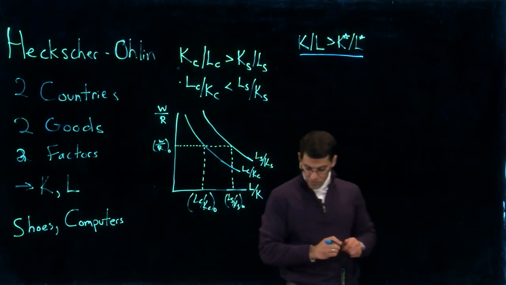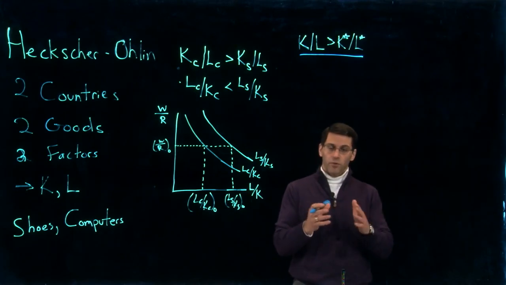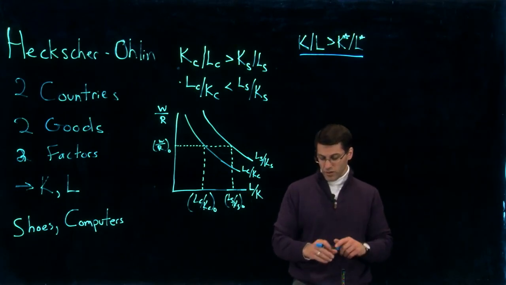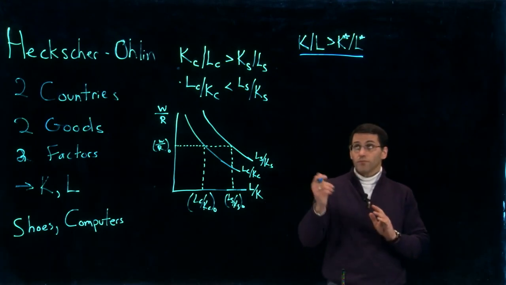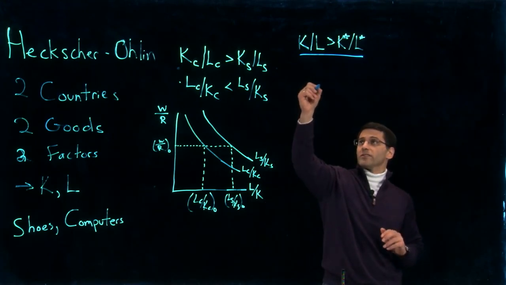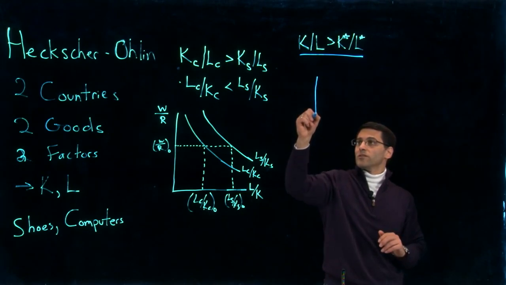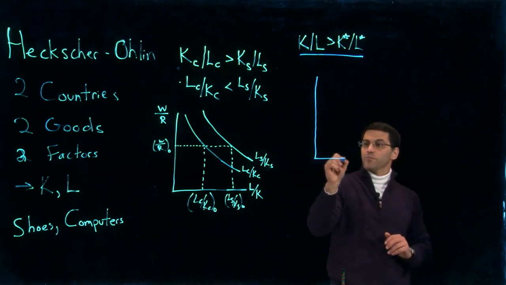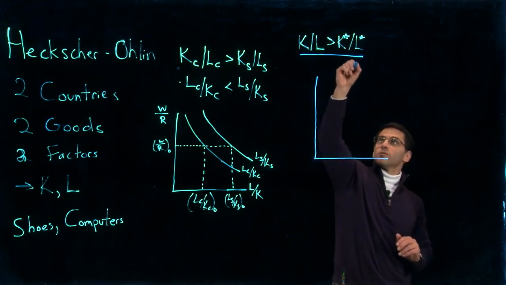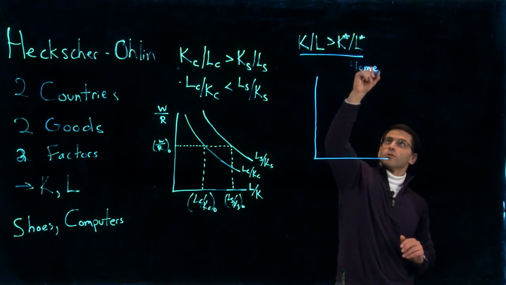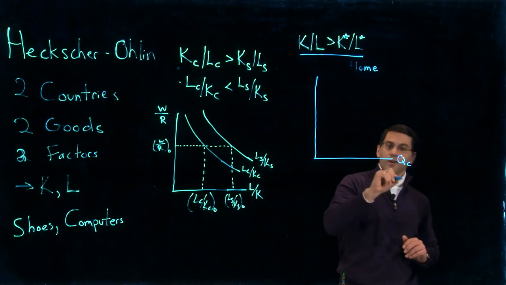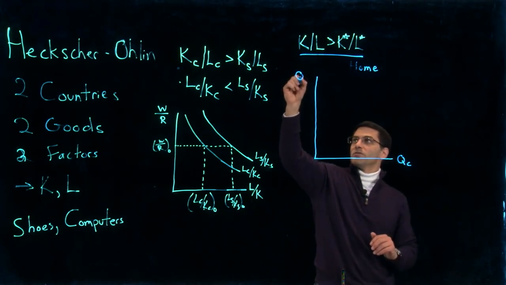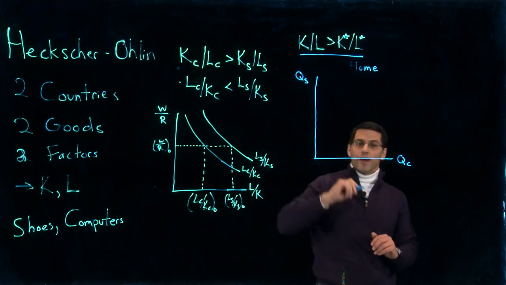To be consistent with the way we're setting things up and the way your textbook looks at things, I'm going to put the computer industry on the x-axis. So here's the home country, and we're going to put the quantity of computers on x and the quantity of shoes on the y-axis.